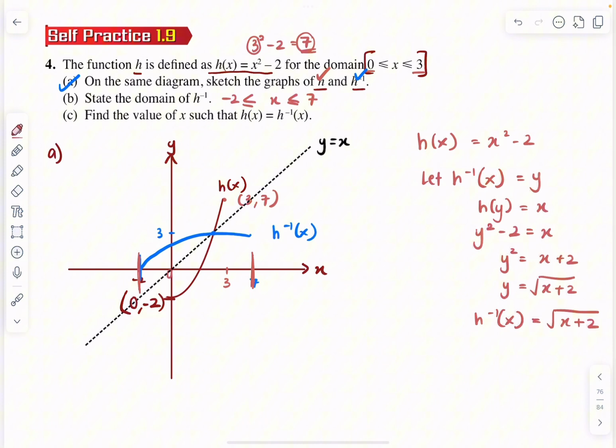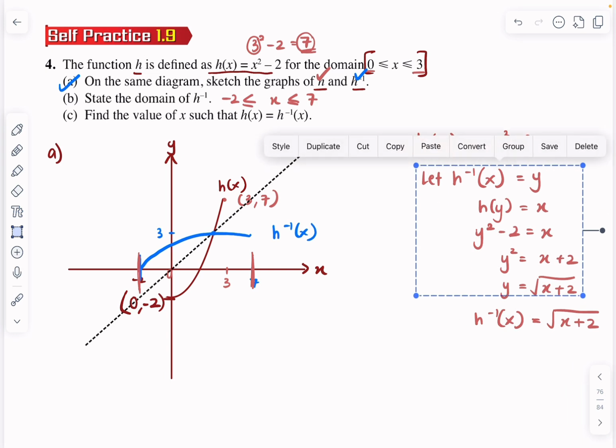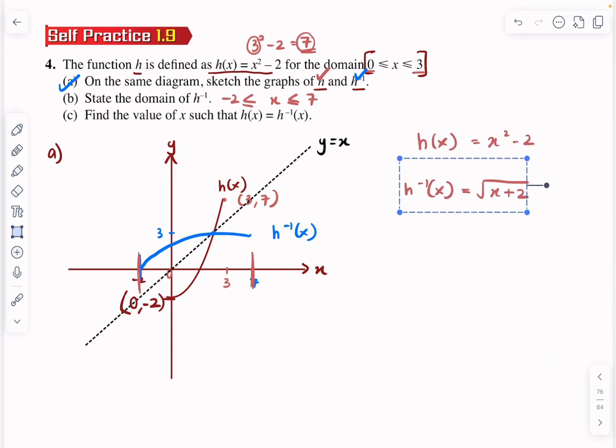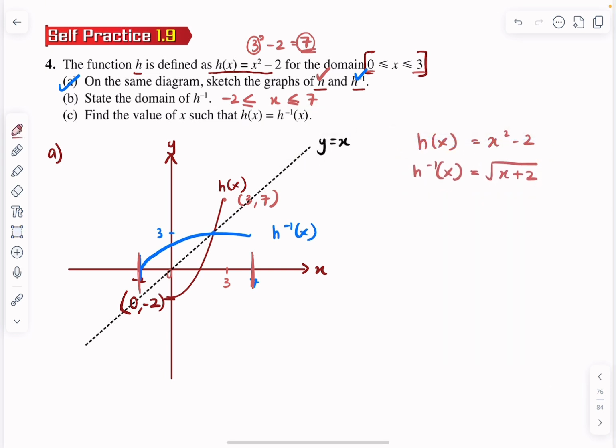Now we can solve this using calculation. So let's erase all this. We need to solve this and this. So x squared minus 2 equals the square root of x plus 2. And then we move the square root over this side. We'll get (x squared minus 2) squared equals x plus 2.